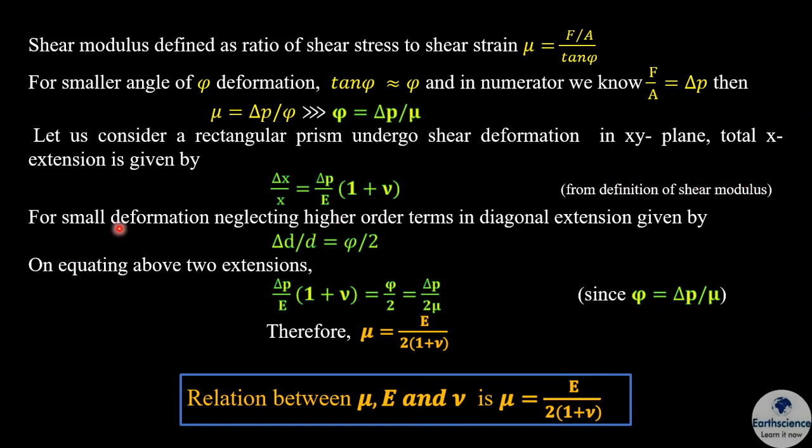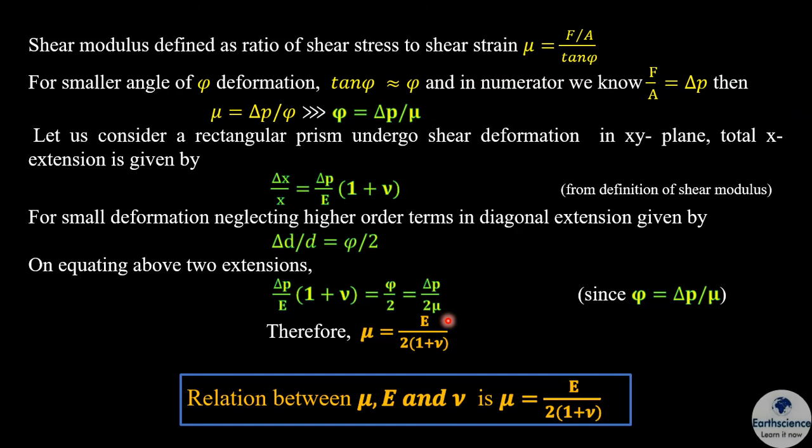For small deformation, neglecting higher order terms in the diagonal extension, it will be dt by 2 dt by d equals phi by 2. If we equate these two, we will get the relationship between E, nu and mu. Then it becomes E equals 2 mu into 1 plus nu.